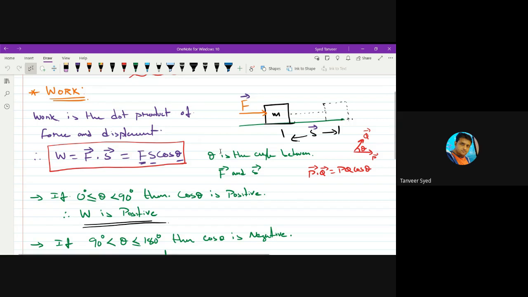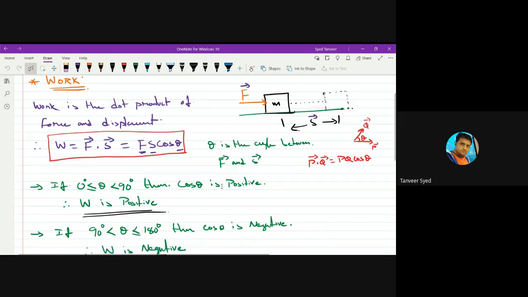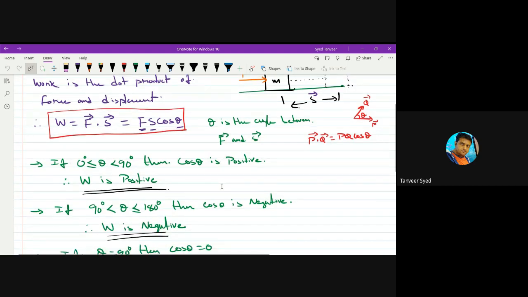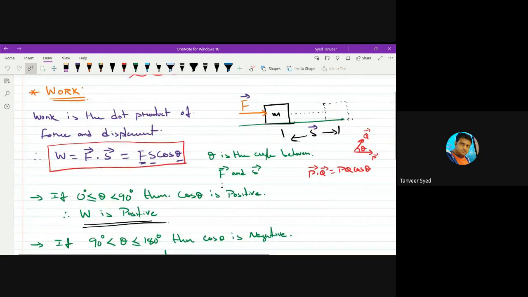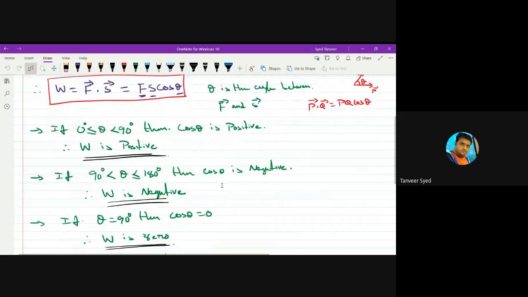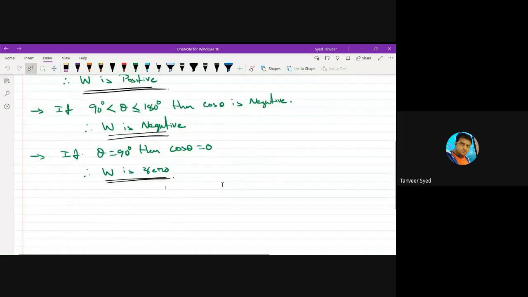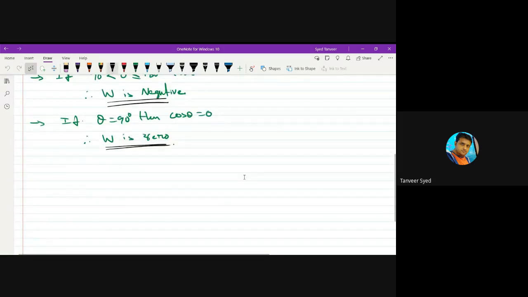A force should act on a body and the body should get displaced. Then we say that work is done by that force on that body. And this work done can be positive, negative, or 0, depending on the angle between force and displacement.